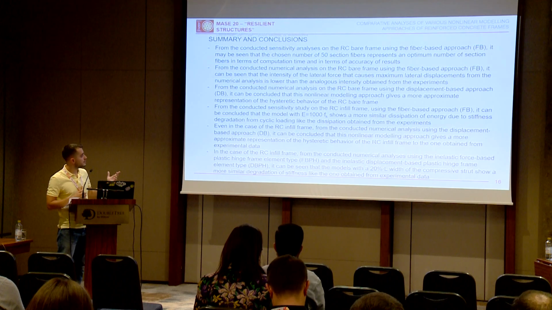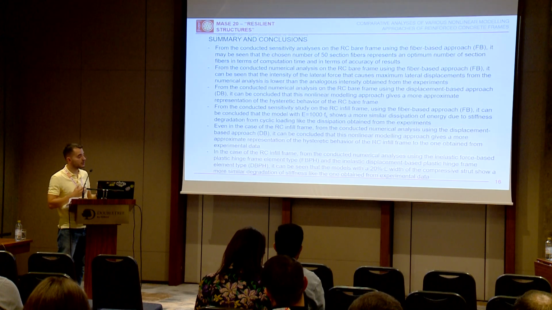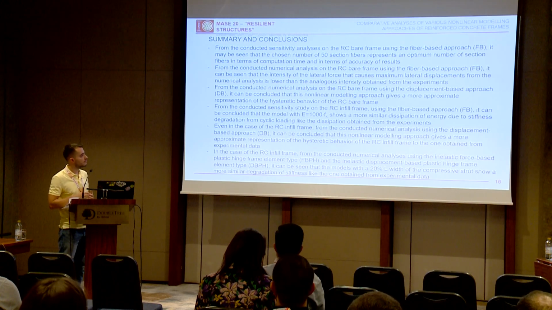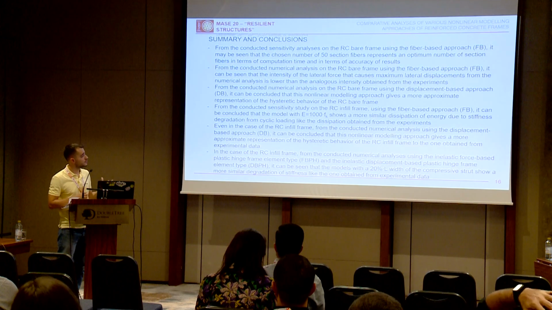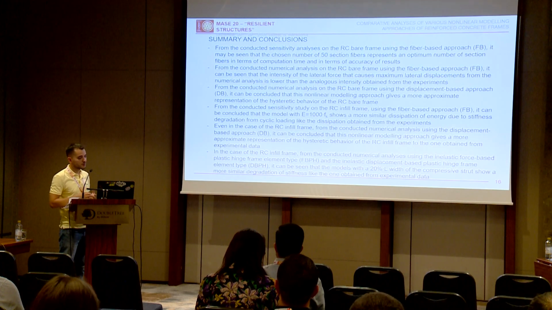Од нумеричките анализи за рамките со исполна е добиено дека моделот каде што беше претпоставен модул на еластичност на исполната од 1000 пати од карактеристичната јакост на притисок на исполната покажува послична дисипација на енергијата при изложување на рамката на цикличен хоризонтален товар, во споредба со случајот каде модулот на еластичност беше земен со износ од 500 и 750 пати од карактеристичната јакост на притисок на исполната.